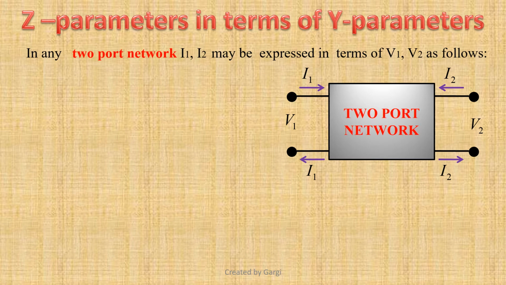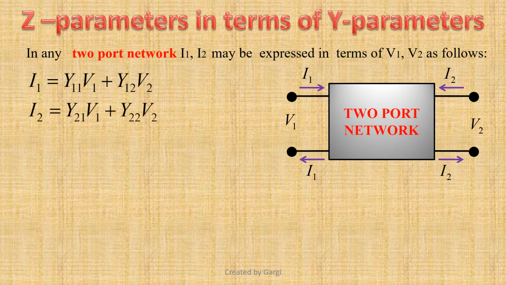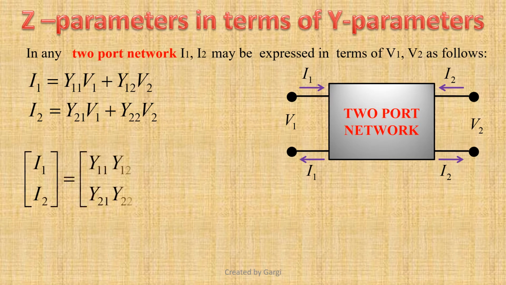The linear equations used in this case are I1 equals Y11 V1 plus Y12 V2 and I2 equals Y21 V1 plus Y22 V2. These two equations may be written in matrix form as follows. Matrix of I1, I2 equals matrix of Y11, Y12, Y21, Y22 into matrix of V1, V2.